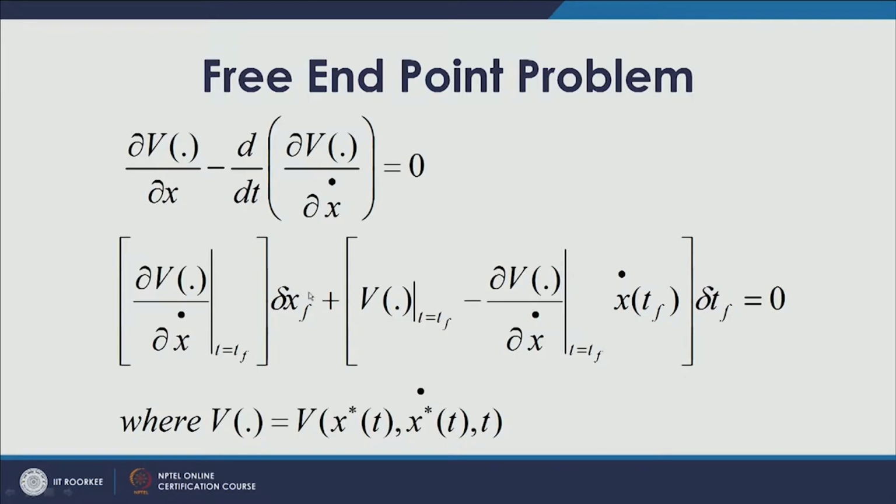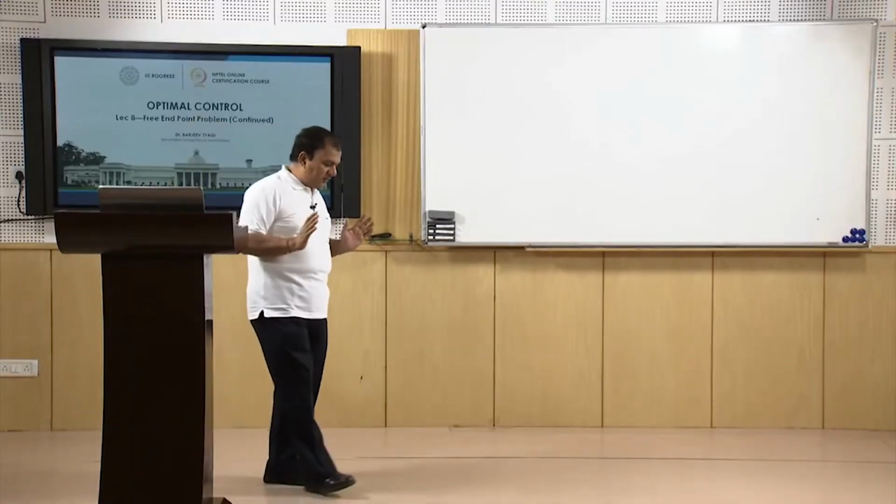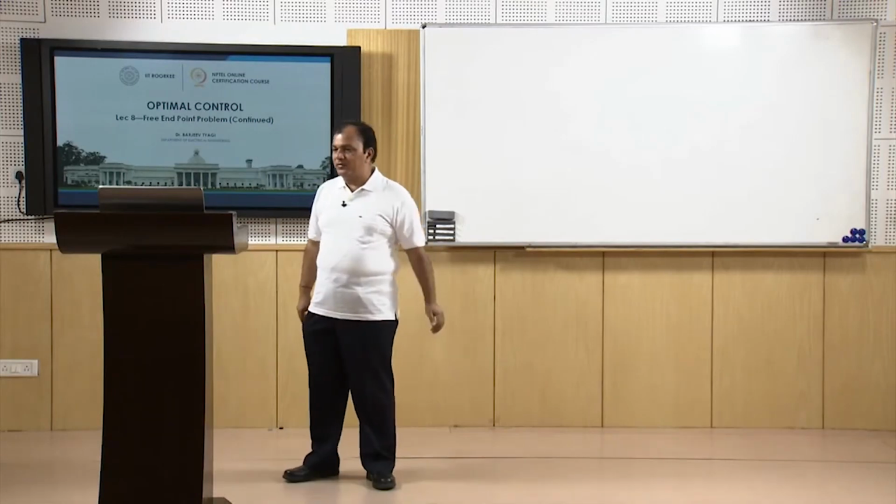In the third case we took, my tf is free, but x(tf) is fixed. If x(tf) is fixed, this means my delta xf will be 0. If delta xf is 0 and delta tf is arbitrary, the coefficient of delta tf will also be 0. So, these three cases we have already discussed in the previous classes.